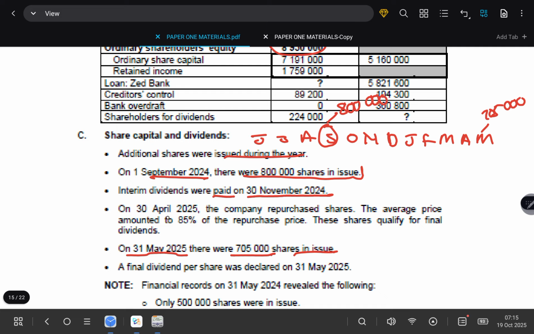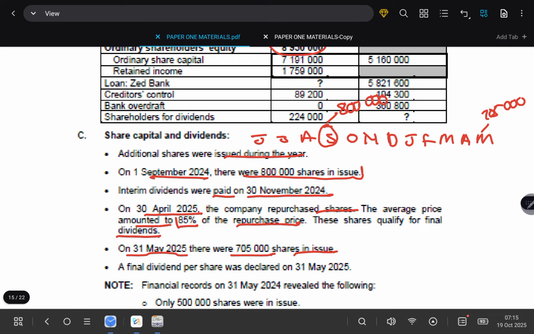Next, they are saying that on the 30th of April 2025, the company repurchased shares. The average price amounted to 85% of the repurchase price. The shares qualify for final dividends, meaning that when they pay out the dividends, they will include those shares that were repurchased.